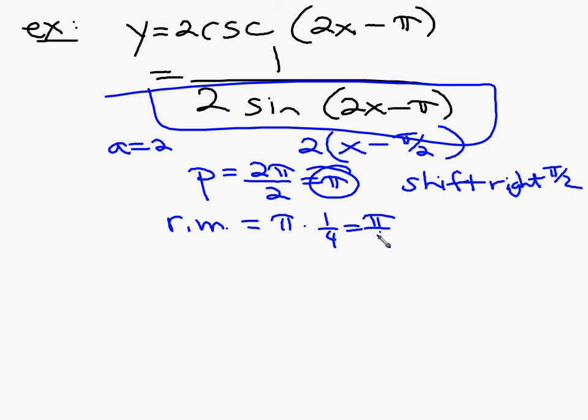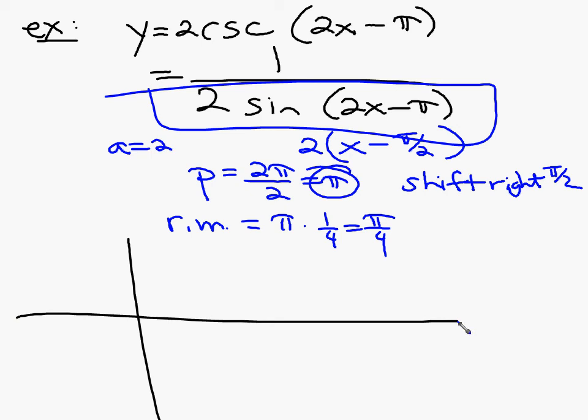So my road markers are pi fourths. And then you would sketch a dashed line of your sine graph just like before. I guess I'm going pretty much all the way through this thing, but that's okay. So my road markers are at pi fourths. So there's 1 pi fourths, 2 pi fourths, 3 pi fourths, and pi.